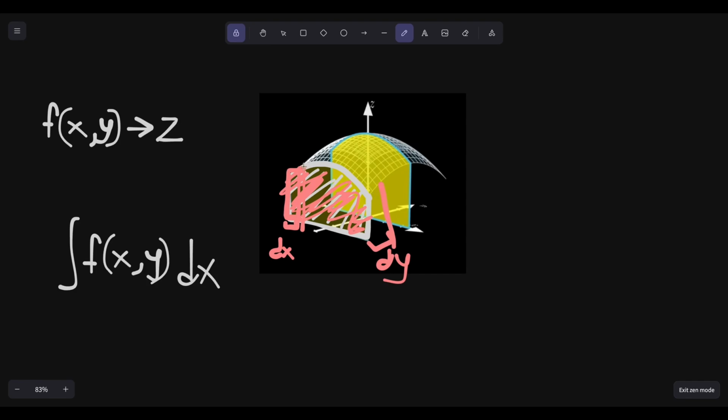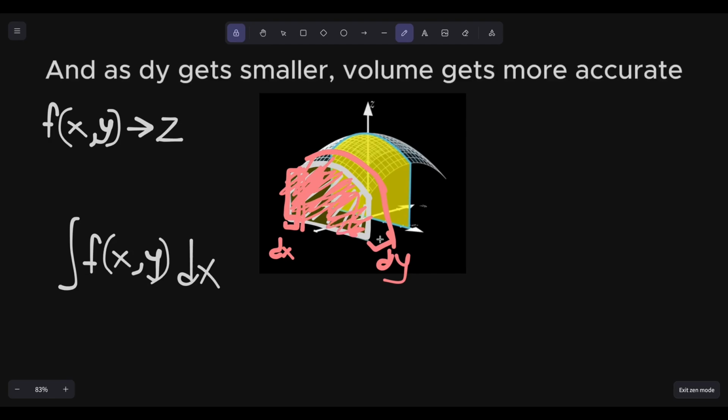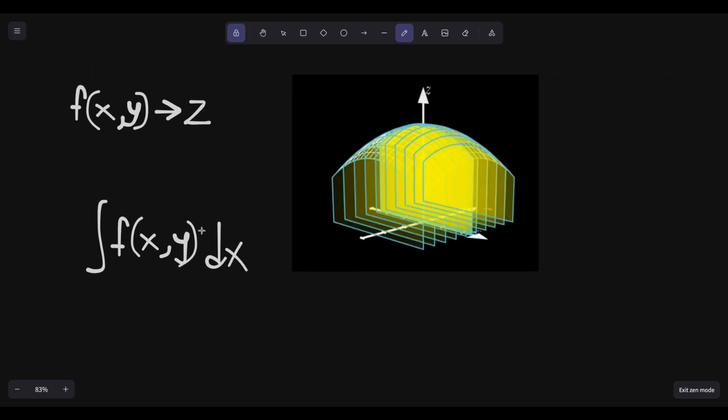And so what I get is a volume. Now that I multiply it by a tiny step in the y direction, I get this entire volume. What we've essentially done is take this integral and keep multiplying by tiny steps, dy. We keep doing that, and that's actually going to give us the volume of our entire surface.